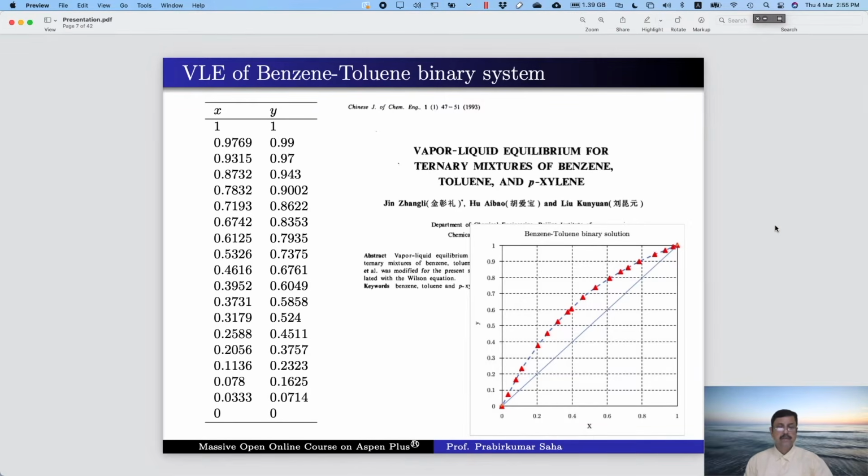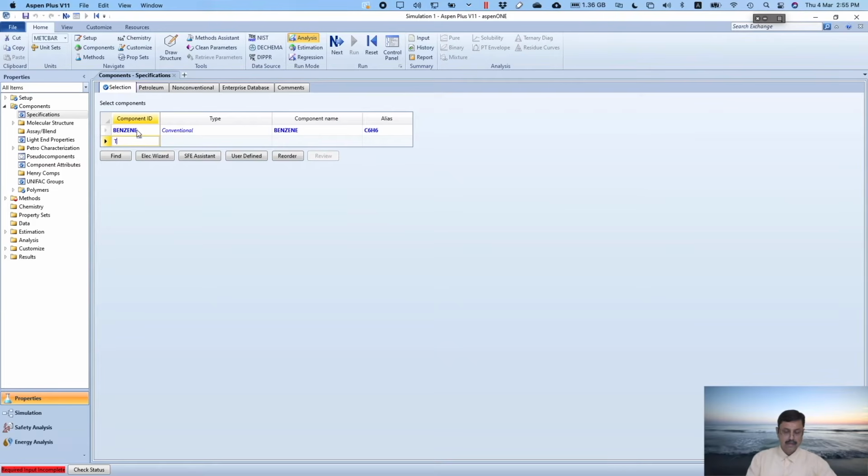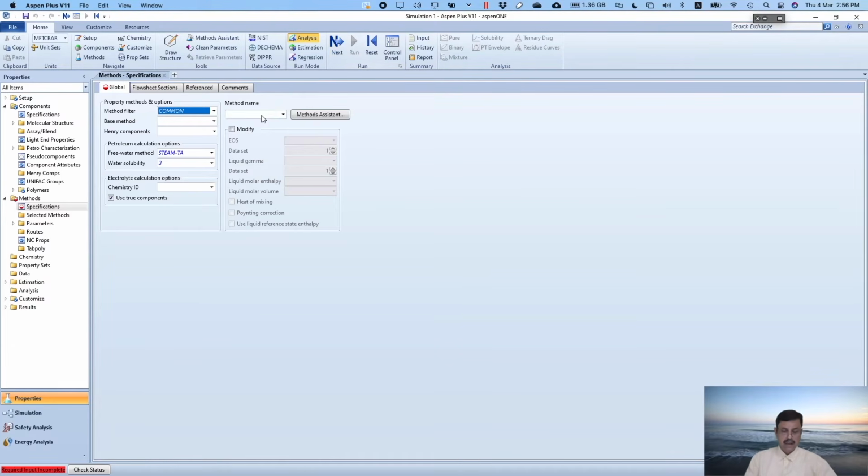Let us go to the Aspen Plus simulation window, and so benzene and toluene are added. Press next, and we'll use the ideal method. So let us run.